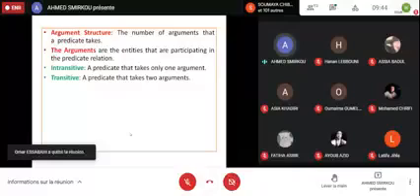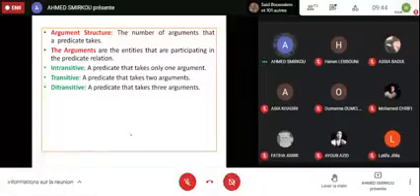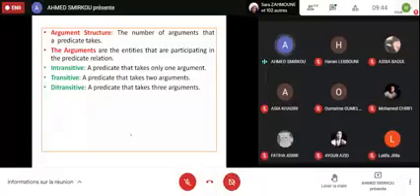Ditransitive verbs require 3 arguments. So what are ditransitive verbs? These are the verbs that require the direct object and the indirect object, for example the verb give, the verb put.